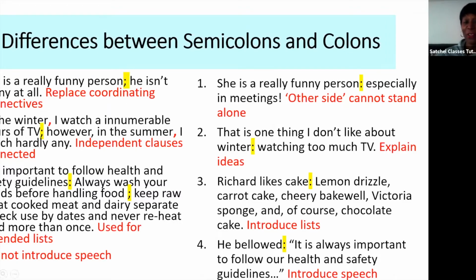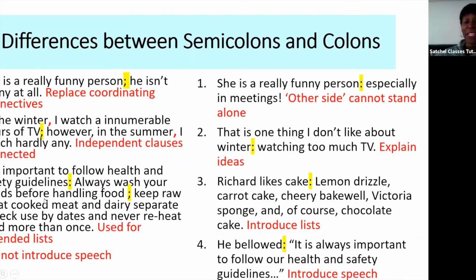Secondly, semicolon. In the winter, I watch innumerable hours of TV; however, in the summer, I watch hardly any. You can see that these are independent clauses. They're connected. With a colon, that's one thing I don't like about winter: watching too much television. It's explaining the ideas.